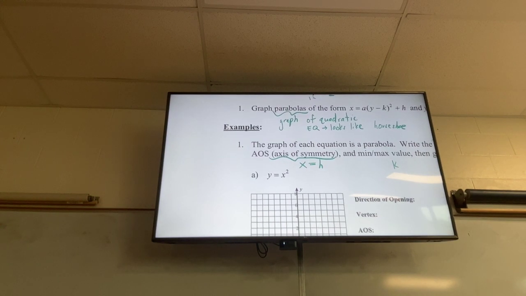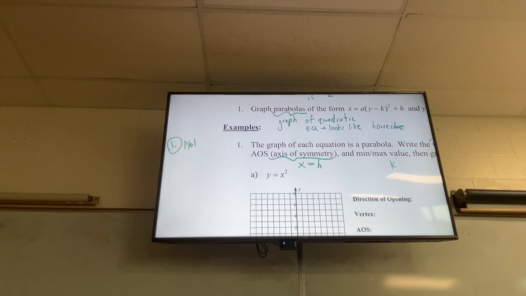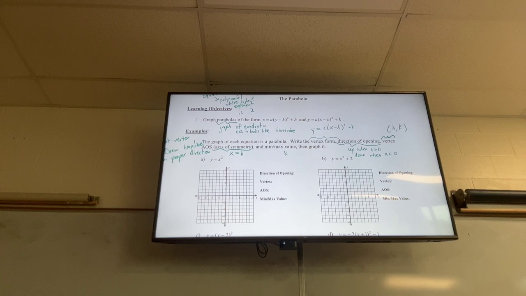Okay. For graphing, you plot the vertex, and then you draw your horseshoe in the proper direction. Guys, write that down.